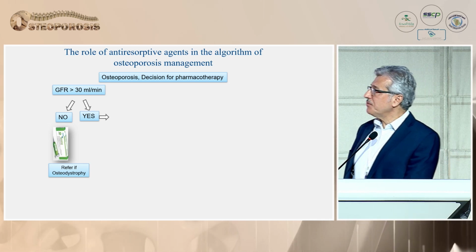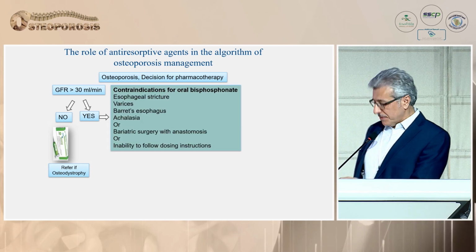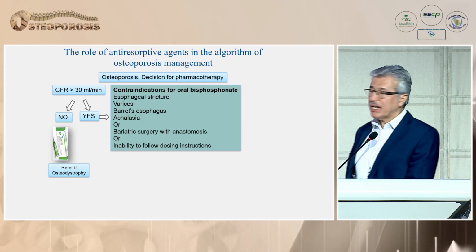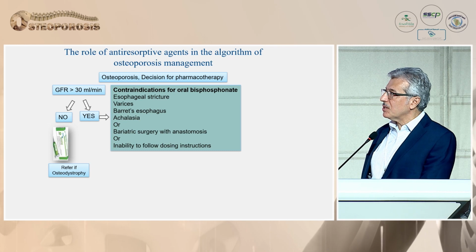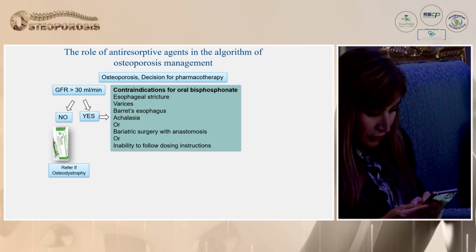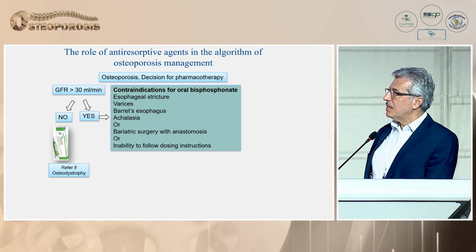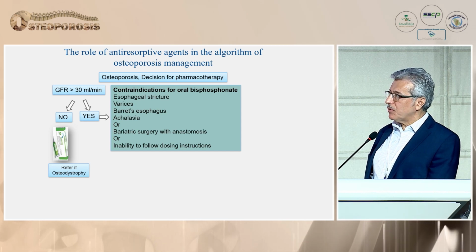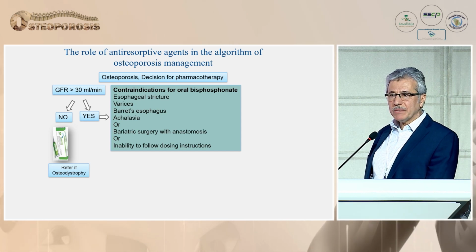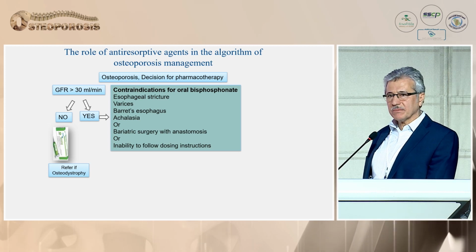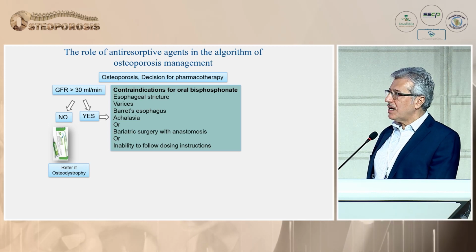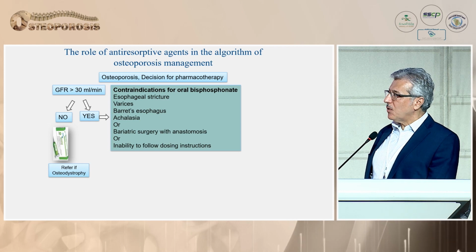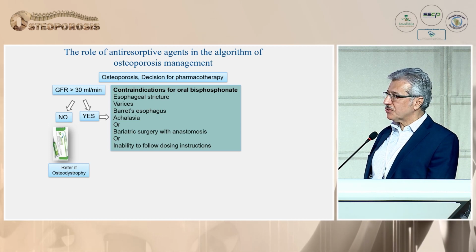If the GFR is more than 30, then we also want to be sure that we have no contraindication for oral bisphosphonate, including esophageal stricture, varices, Barrett esophagus, achalasia, and recently many people with bariatric surgery, which may be a contraindication sometimes, especially if there's a high anastomosis, and also inability to follow dosing instructions.